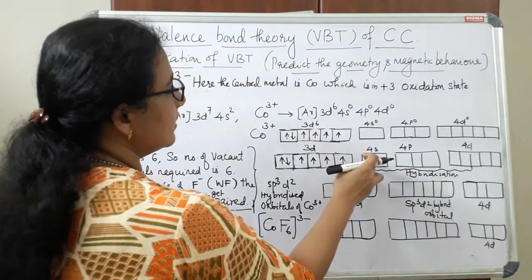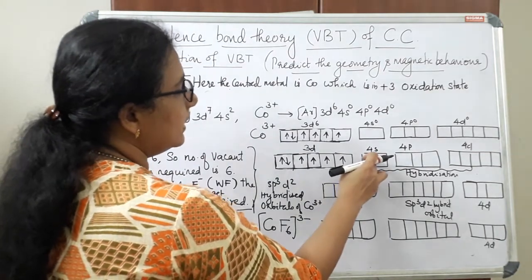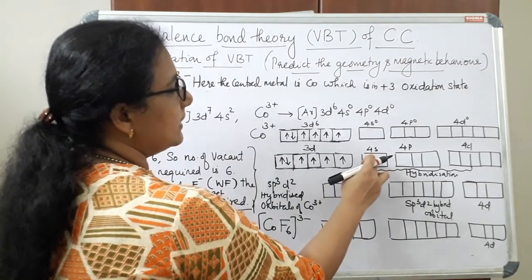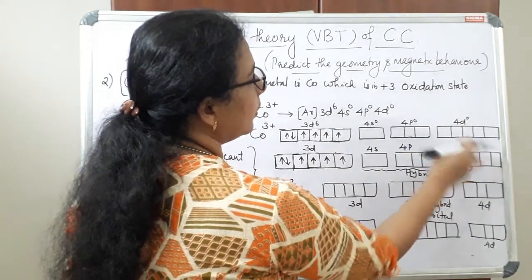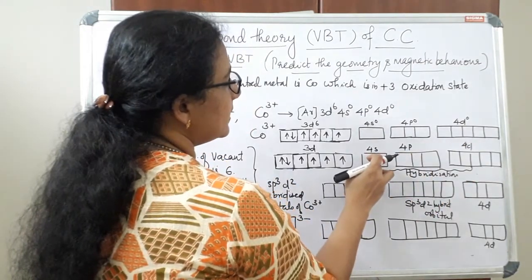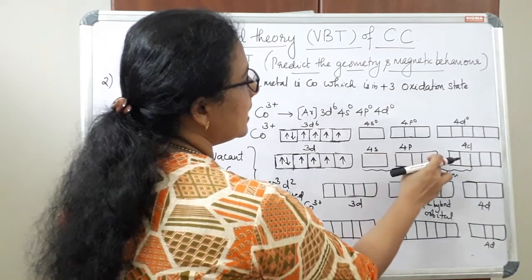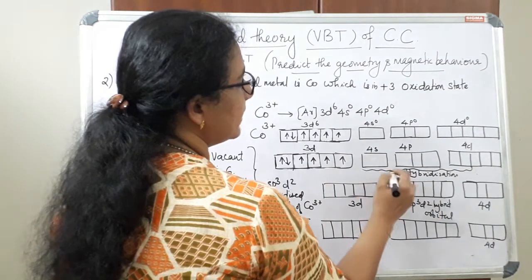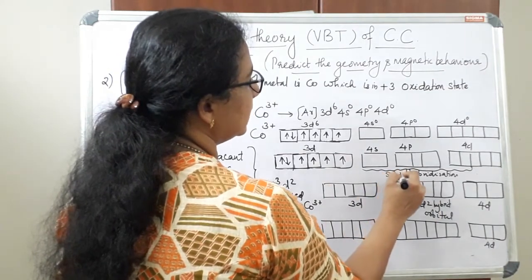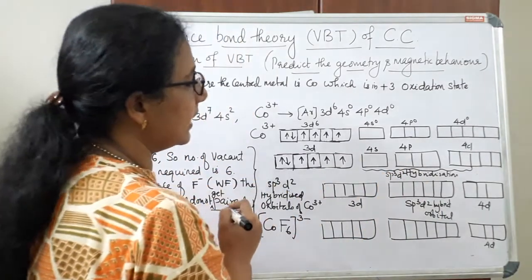So in this metal, the 4s orbital, 4p orbitals and 2 4d orbitals undergo sp3d2 hybridization. So sp3d2 hybridization takes place.